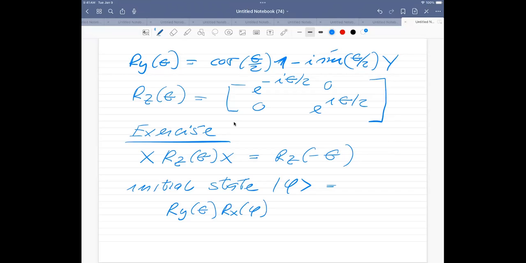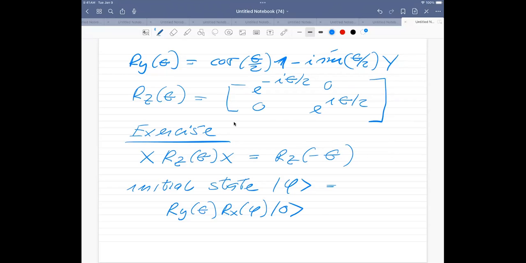And this could be multiplied with, so this is an ansatz, so we could start with a qubit 0 as an initial state, and then we rotate it so that we actually end up in a random position on the Bloch sphere. And these angles, theta and phi, are then treated as parameters.